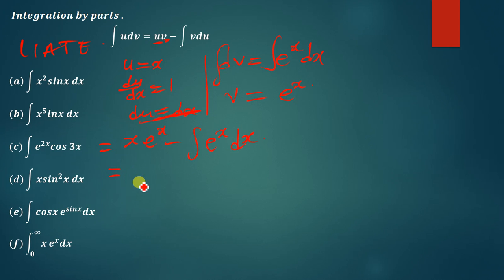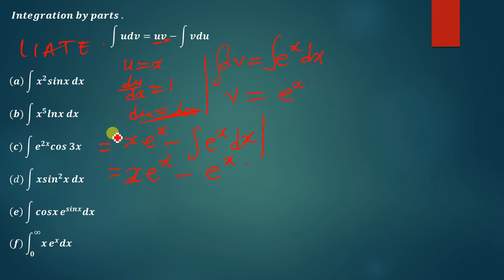Integrating this part, I'm going to have e to the power x as the answer, plus c. But this is a definite integral, so there's no need for us to add c. We just need to put in the limits.